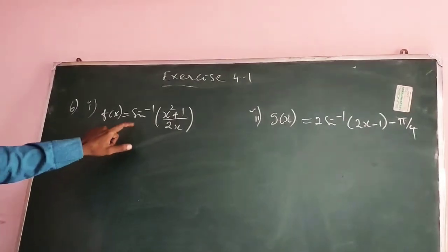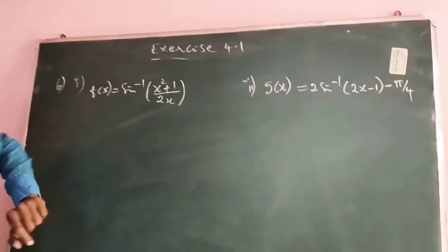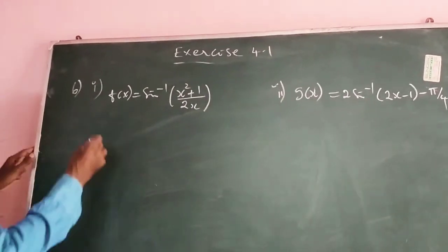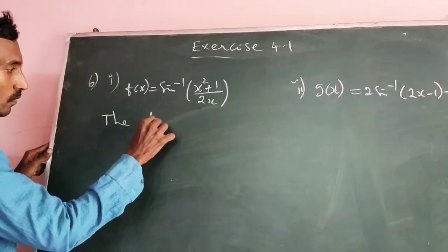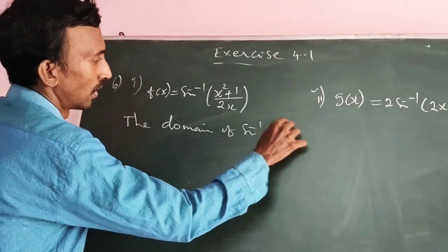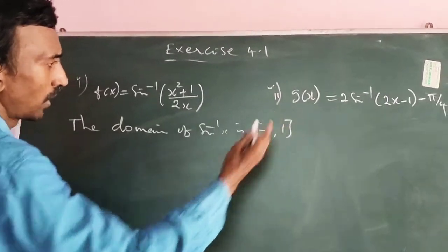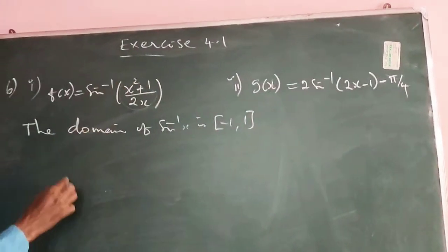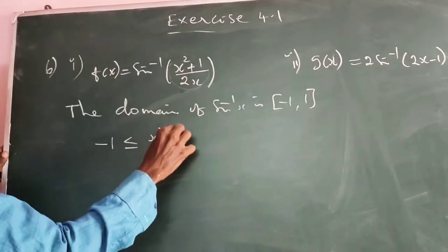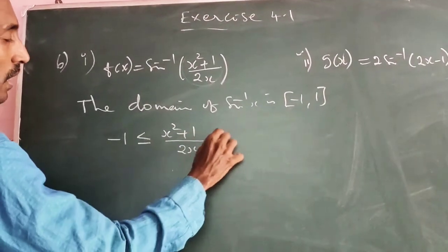So look here, f of x equals sine inverse of (x square plus 1) by 2x. Already we know that the domain of sine inverse of x is the closed interval minus 1 comma 1. So minus 1 less than or equal to (x square plus 1) by 2x less than or equal to 1.